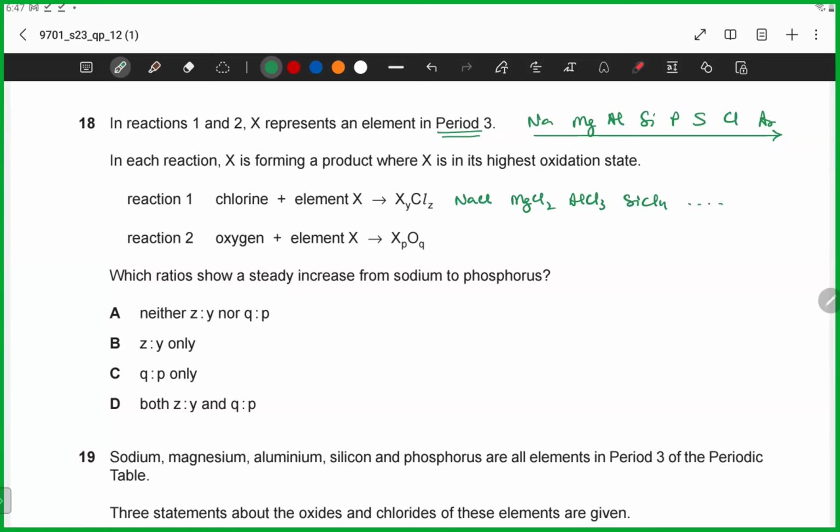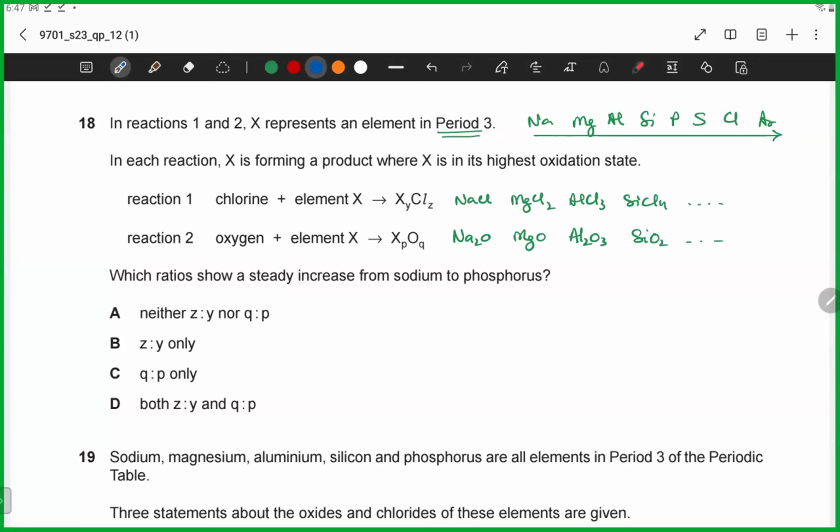I don't have to do for the whole thing. Oxides का भी कर लो. It's Na2O, MgO, Al2O3, SiO2, right? And so on.